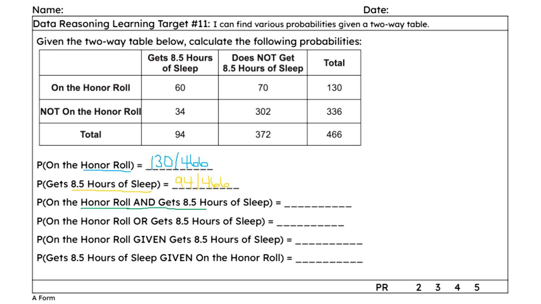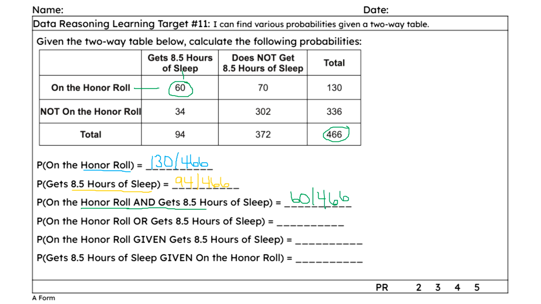So let's find the box that corresponds to on the honor roll and gets 8.5 hours of sleep. So here's on the honor roll. Here's gets 8.5 hours of sleep. That is a total of 60 people who said both of those things are true out of the total of 466 people. So we're going to leave that just as it is, 60 out of 466.